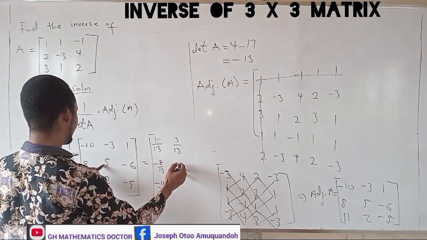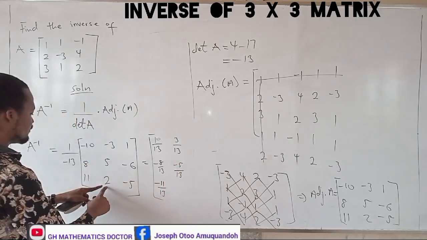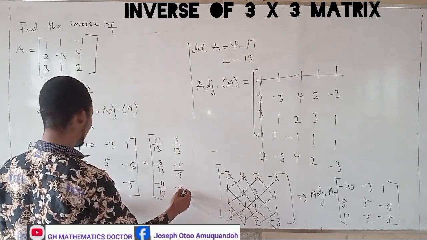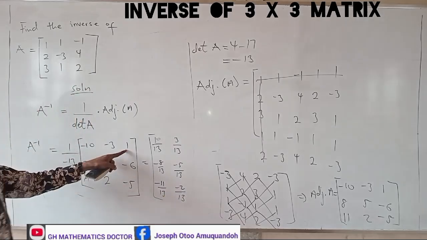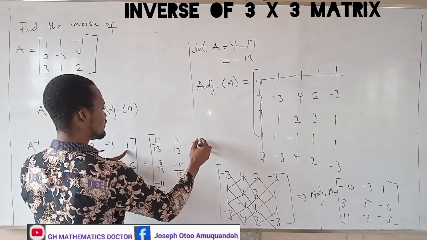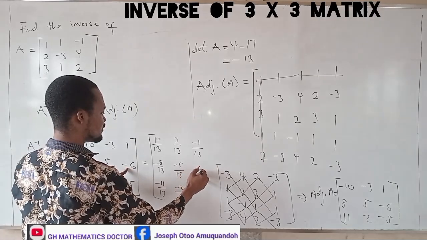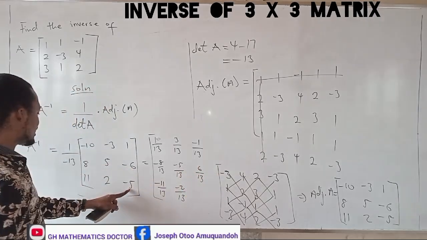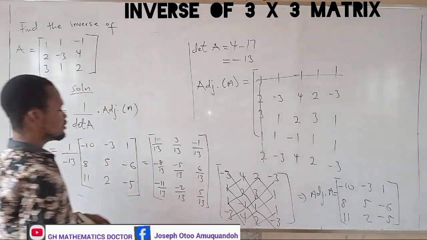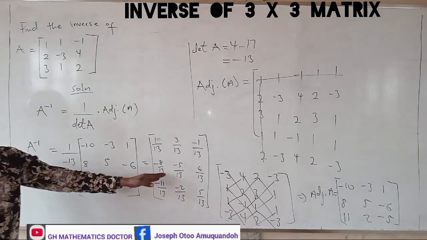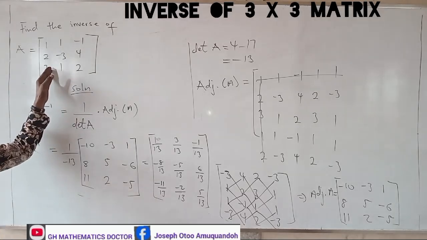Then for this, we have negative 5 over 13, for this negative 2 over 13, for this negative 1 over 13, then positive 6 over 13, and the last one positive 5 over 13. Now this becomes the final answer for the inverse of this 3 by 3 matrix.